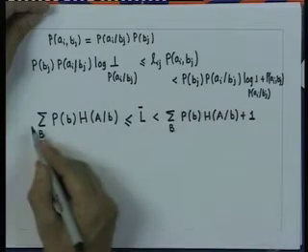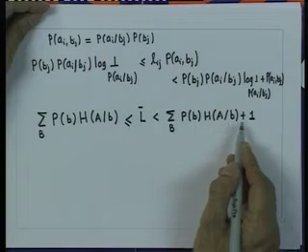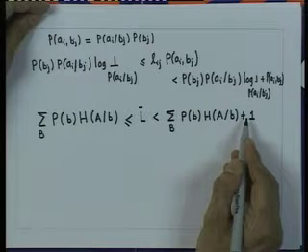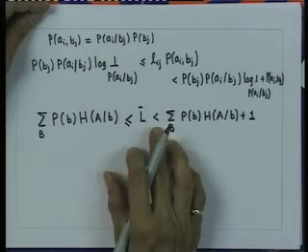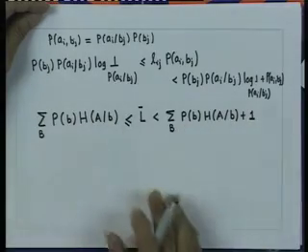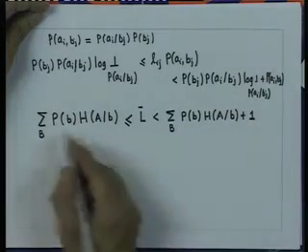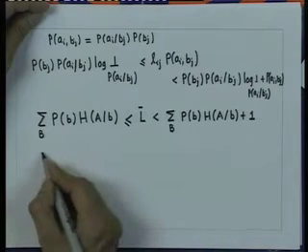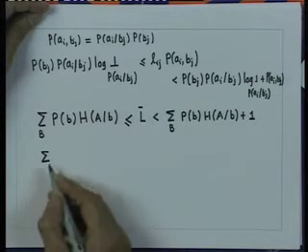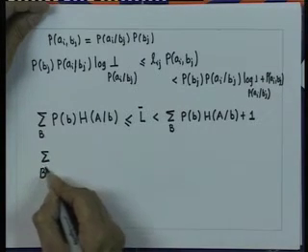Now this equation is valid for any channel of the type we have considered. So, in particular it is valid for the nth extension of the original channel, and if we apply this relationship to the nth extension of the original channel, we will get the following relationship.